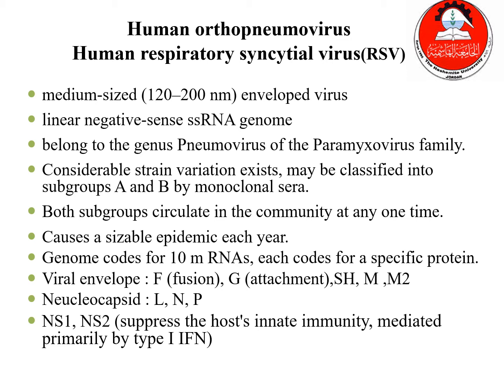Also, we have the nucleocapsid proteins L, N, and P, which are associated with either the genome of the virus or the RNA-dependent RNA polymerase of the virus. Also, we have the non-structural proteins 1 and 2, which play a role in suppression of the host innate immunity by interfering with interferon function.